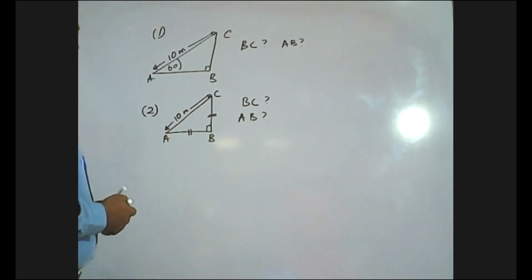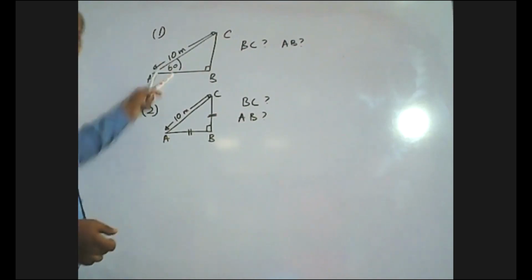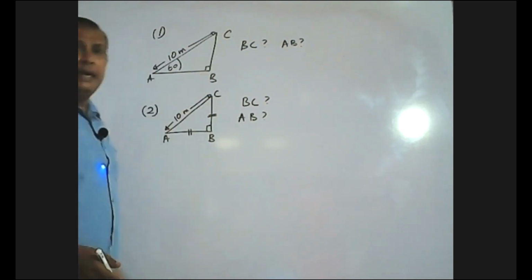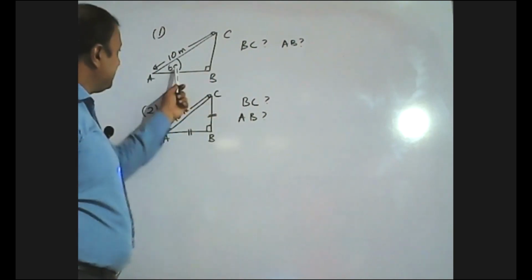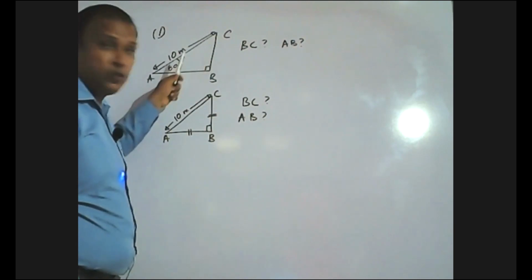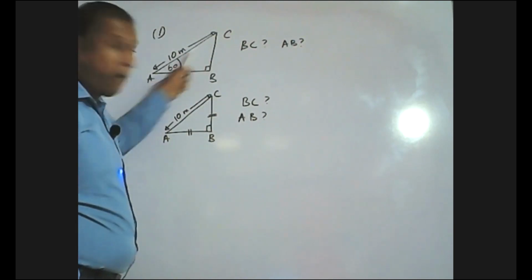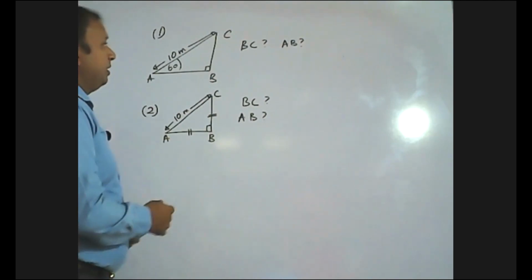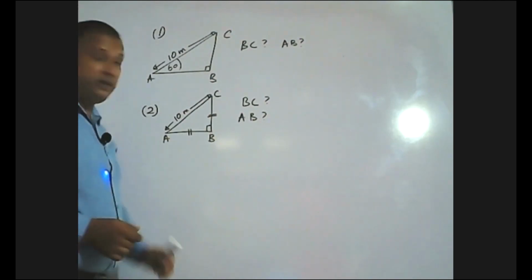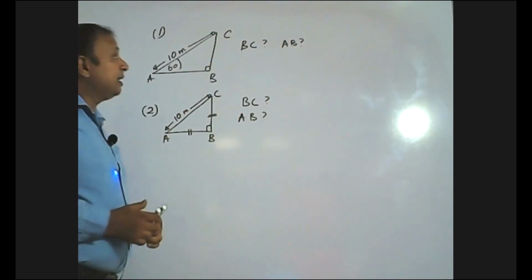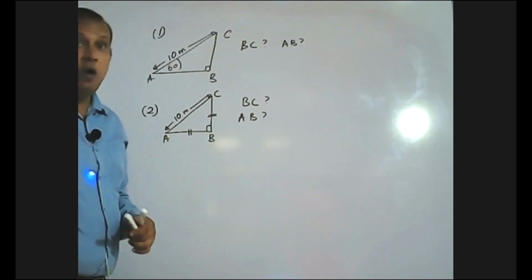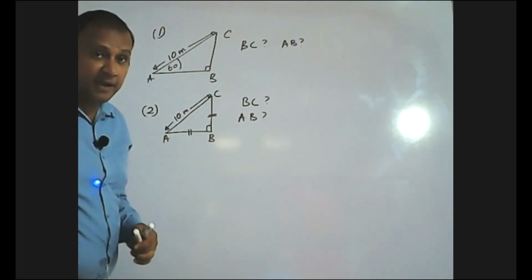In this case, we are given 10 and 60, and we are asked to find BC and AB. BC is the opposite side to 60. When we consider the opposite side, what is the trigonometric ratio connected with it?